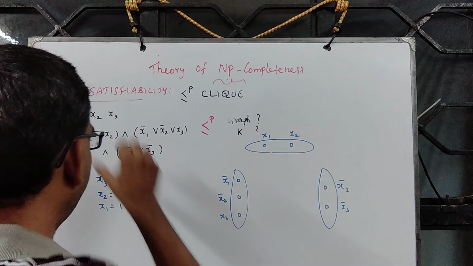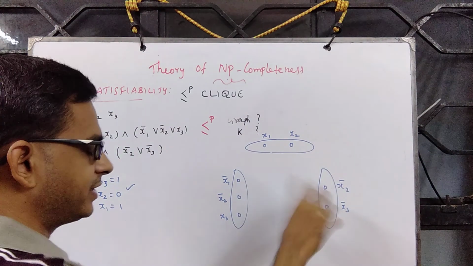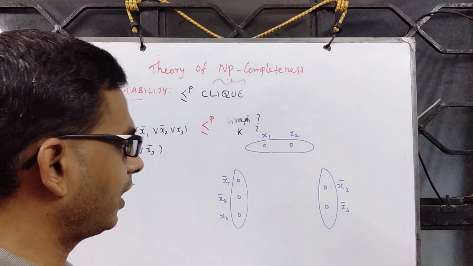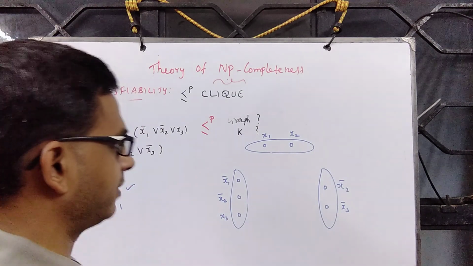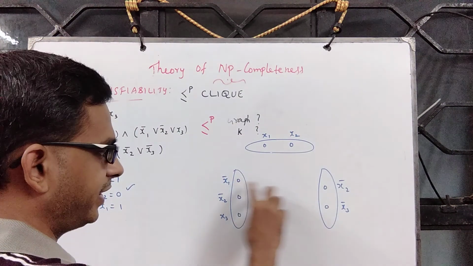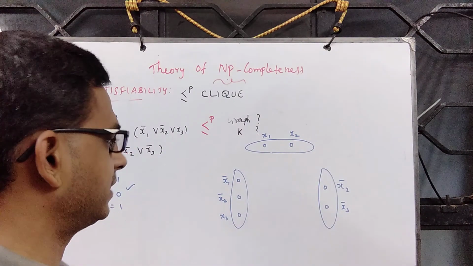So each clause becomes a partition here, and now this is precisely my vertex set. These 2 plus 3 plus 2 all become the vertex set of this graph.